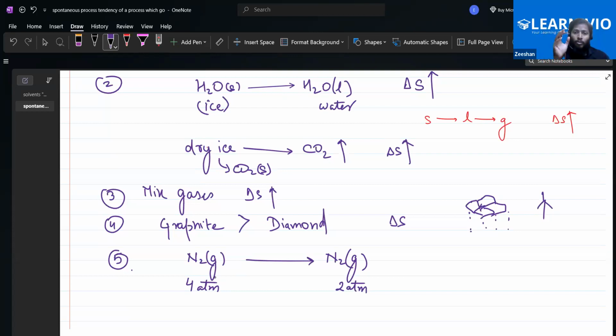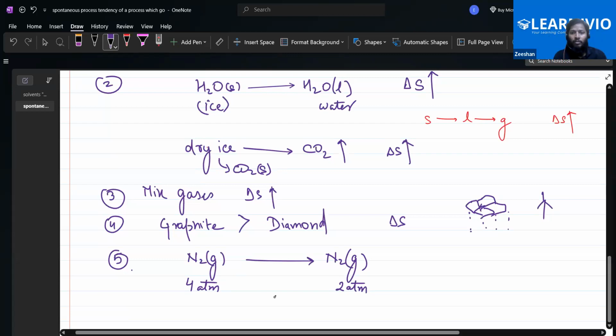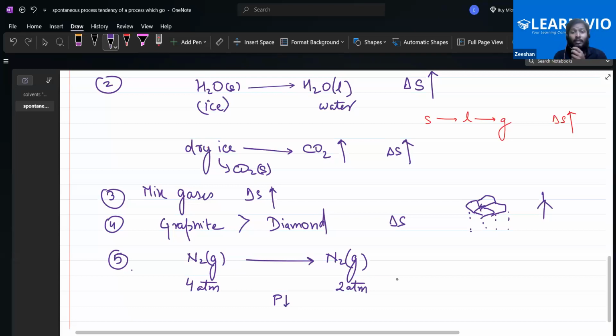So try to understand the question. We have a container with nitrogen in it. First we have high pressure, 4 is greater than 2, and we have decreased the pressure. So I'm asking, has the randomness increased or decreased? Increased.